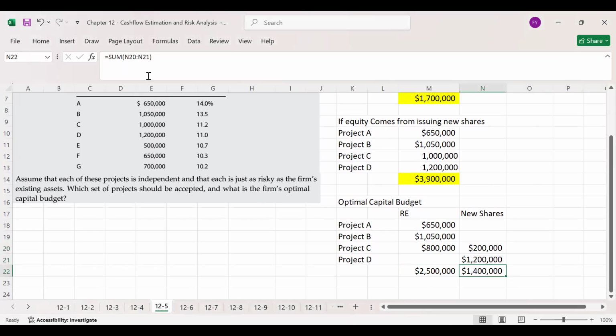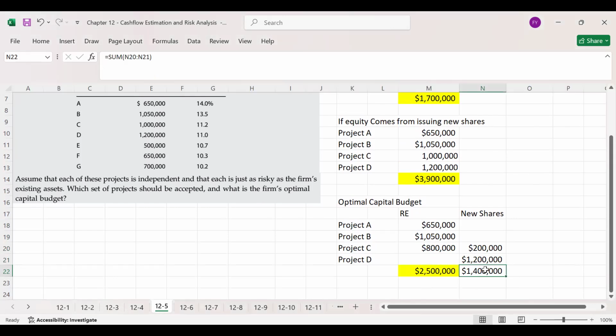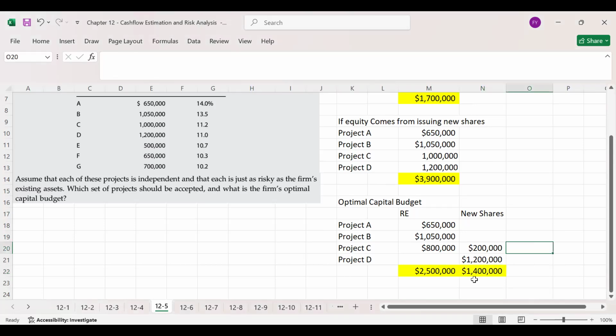So all four projects require a total of $3.9 million. So first the company utilizes retained earnings, which is 2.5 million and it is limited. And then the company goes for external equity, by issuing new shares. So the company requires 1.4 million. So this is the optimal capital budget.